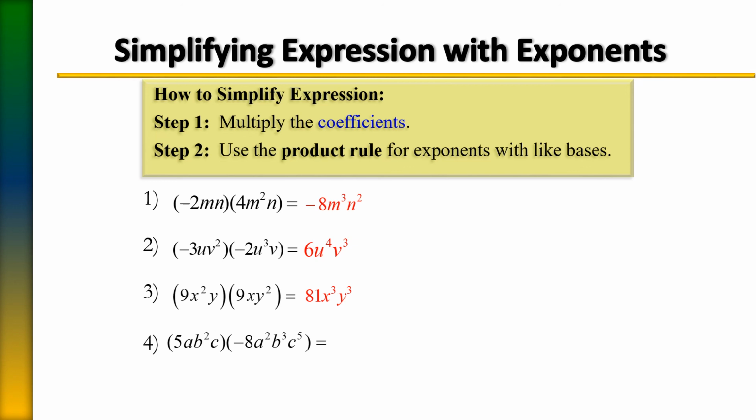For the b's, 2 plus 3, we're going to have 5 b's. Let's add our c's, 1 plus 5, and we're going to have 6 c's. So our final answer is -40, a cubed, b to the 5th power, c to the 6th power.